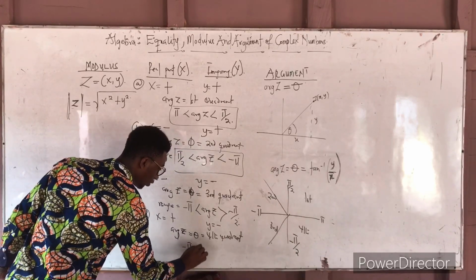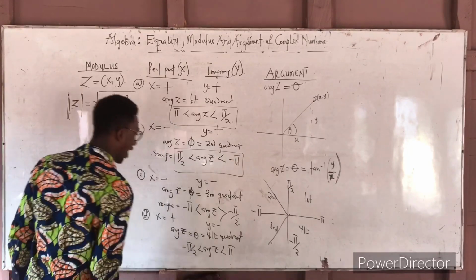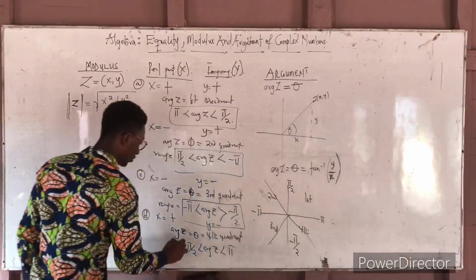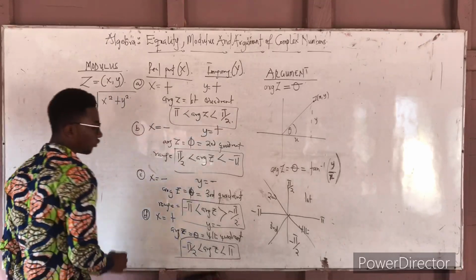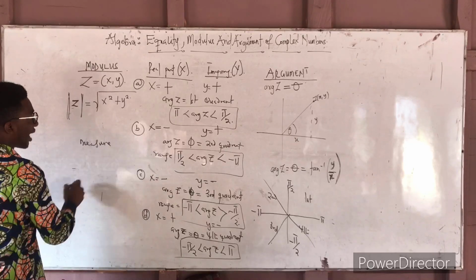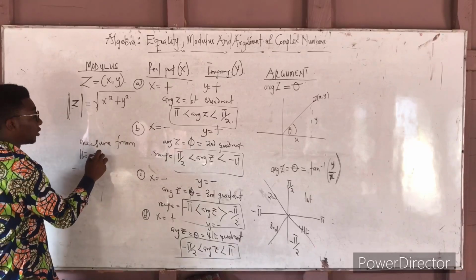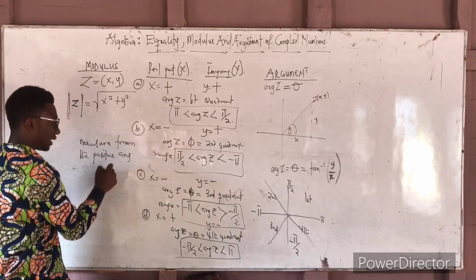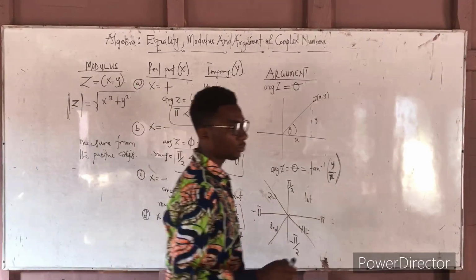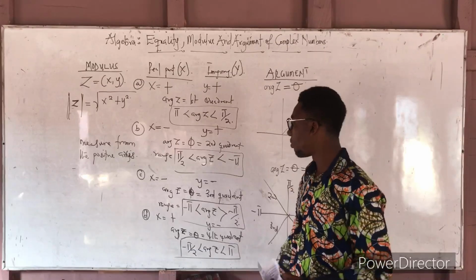Negative pi on 2, the argument z, to 0. But anytime we want to find the argument z, the angle, most of the time, you have to measure from the positive axis. If you want to find the angle, always or most of the time, measure from what? The positive axis.